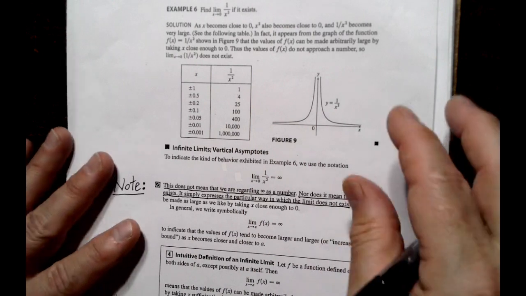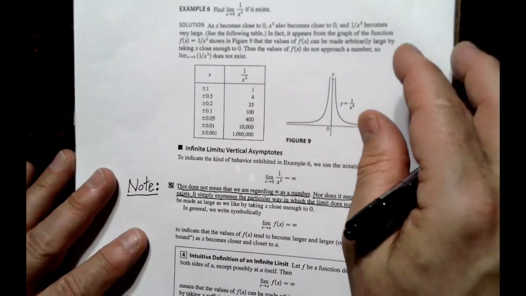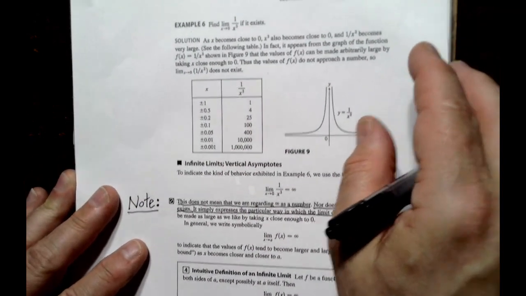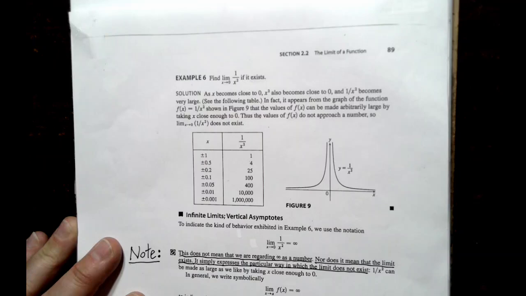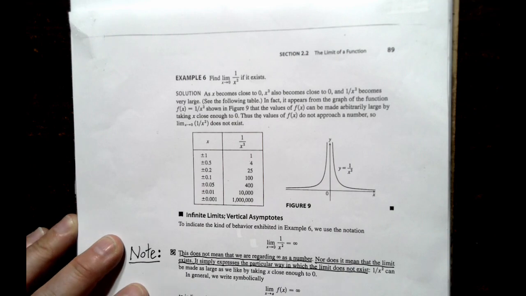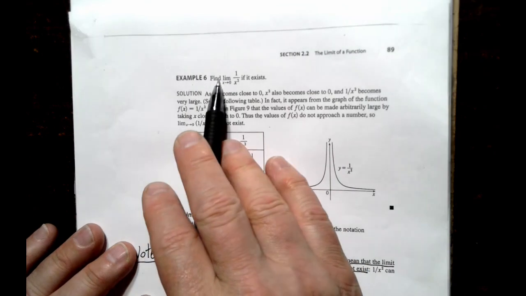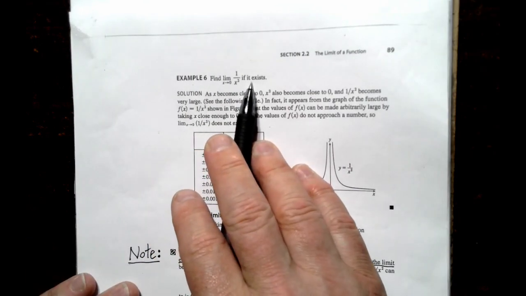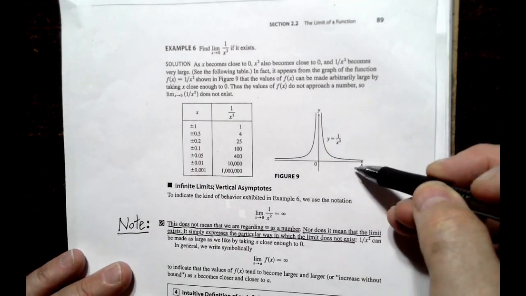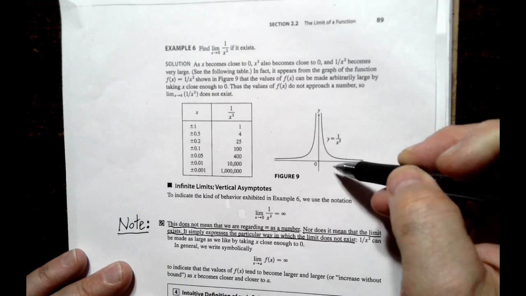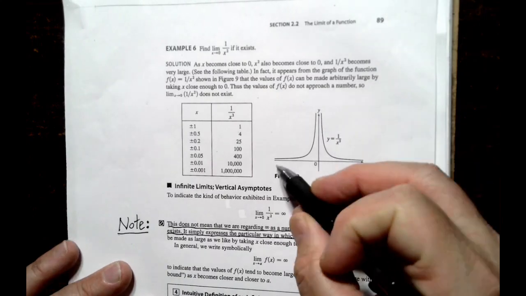Okay, now example 6 talks about something that we're going to call an infinite limit. We say it's an infinite limit even though technically the limit does not exist, but we can still call it an infinite limit. If we look at this one here, as we get closer and closer to 0, this one explodes off to infinity. Same thing here.